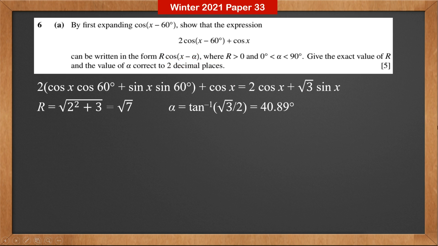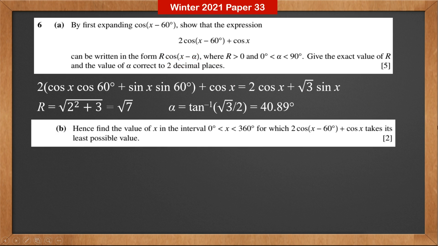This is important. B. Hence, find the value of x in the interval x between 0 and 360 degrees, for which 2 cosine(x - 60 degrees) plus cosine x takes its least possible value.